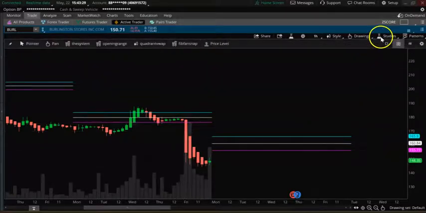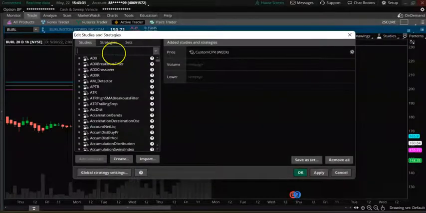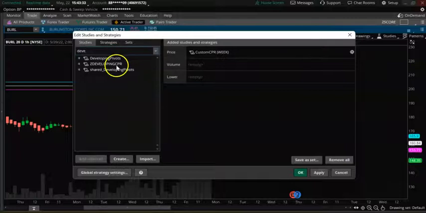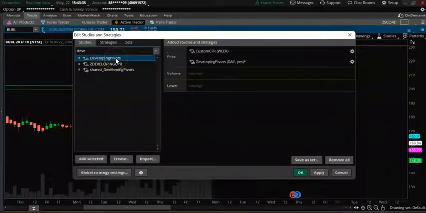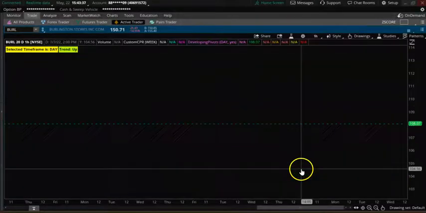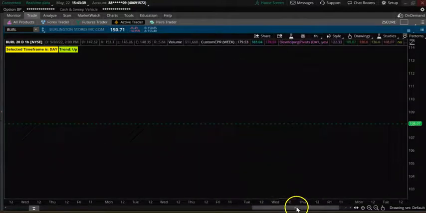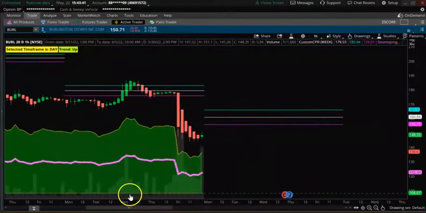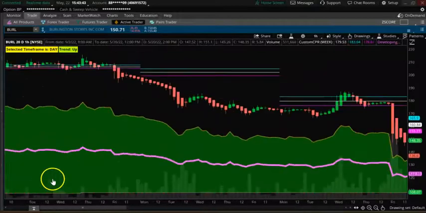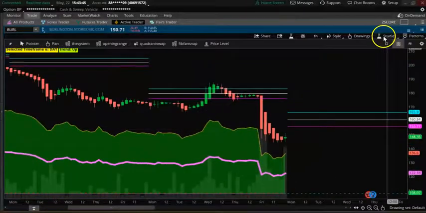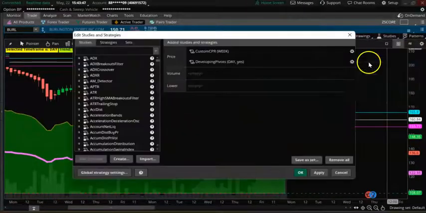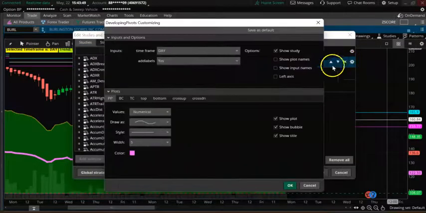So let's also drop in the developing CPR, developing pivots. Okay, let's edit it. It's on daily, we want to put it in weekly.